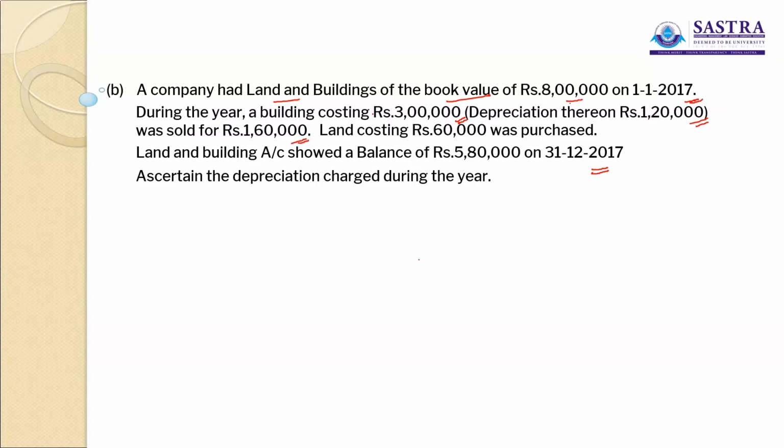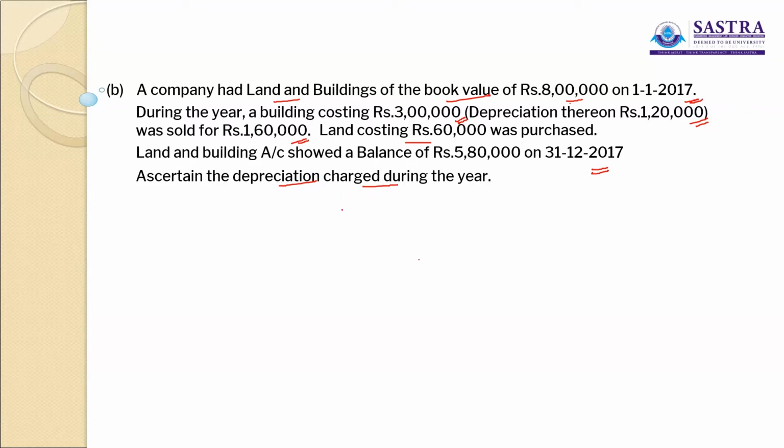That means there is a loss of rupees 20,000 to be accounted in books. Then additionally, the company has purchased land for rupees 60,000. And the question is, you are asked to ascertain the depreciation charged during the year for land and building.